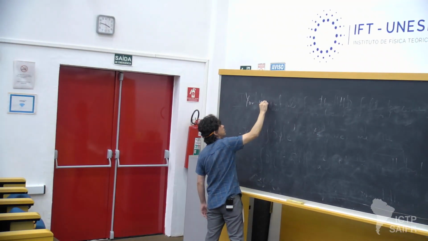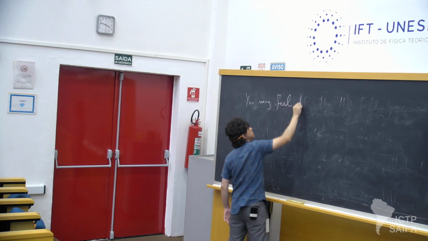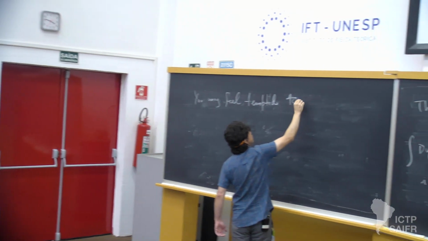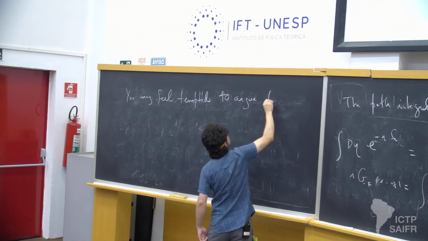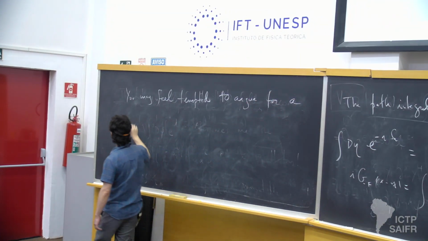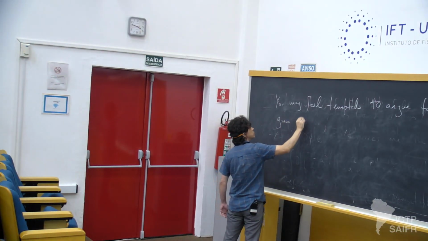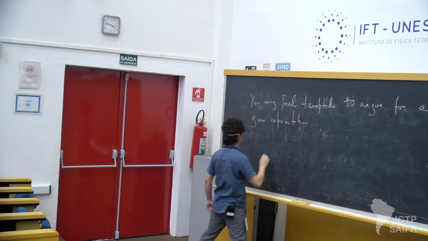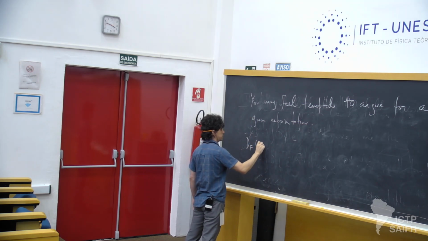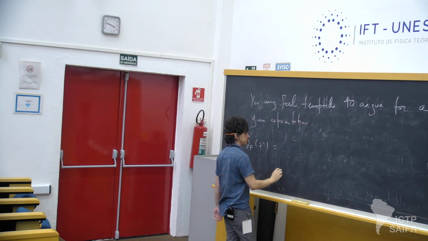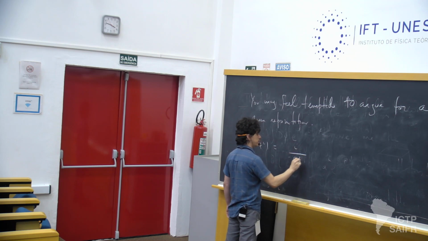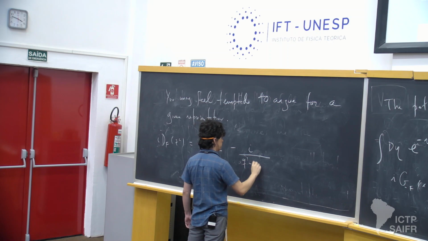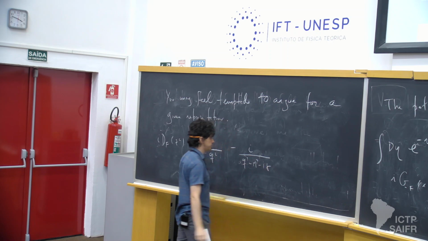You may feel tempted to argue for a given representation of the propagator. So you will write something like this. I, Q square, minus I, Q square, minus M square, minus I gamma.